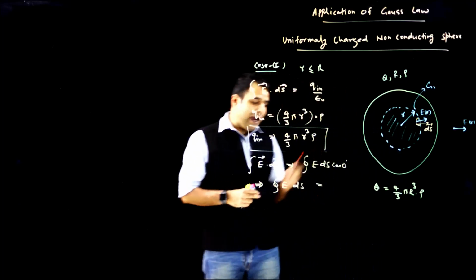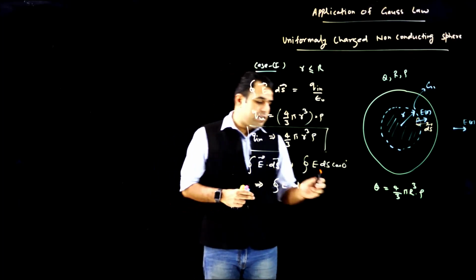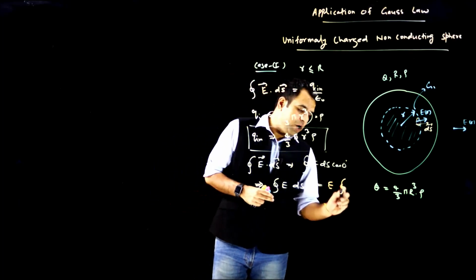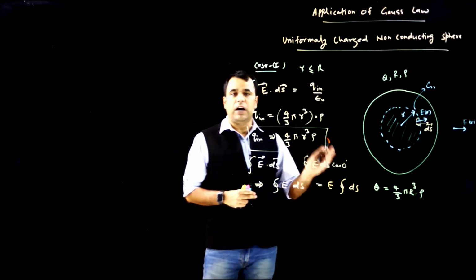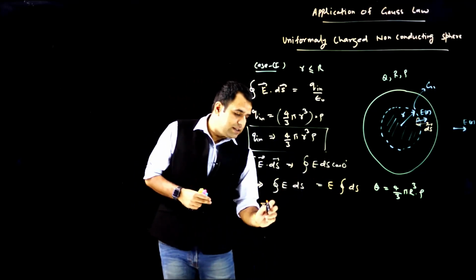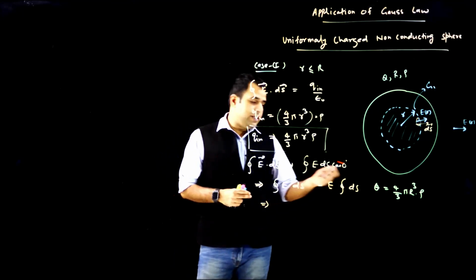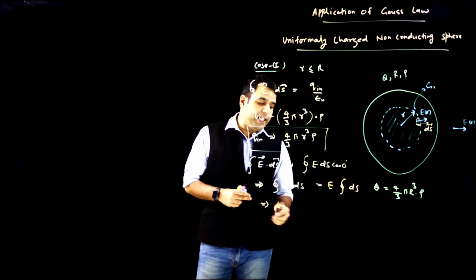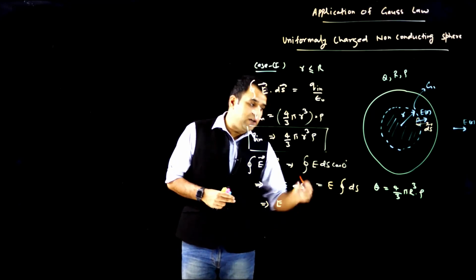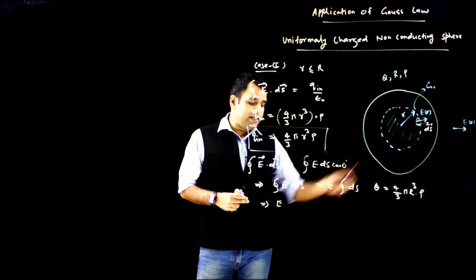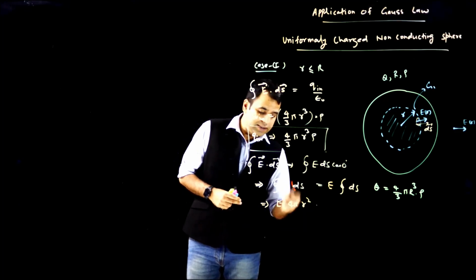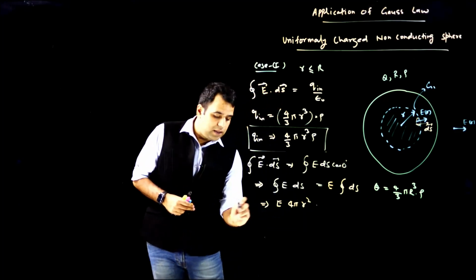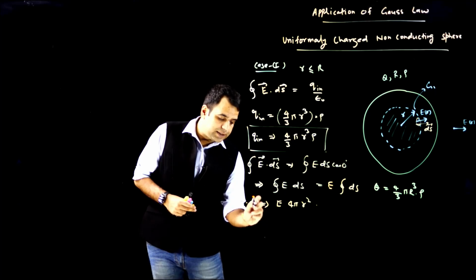So it will not depend upon the area. I can take the electric field magnitude outside of the integral, so only ds will remain. We will have E multiplied by the area, that will give you 4 pi small r square, and this is the value of E dot ds.